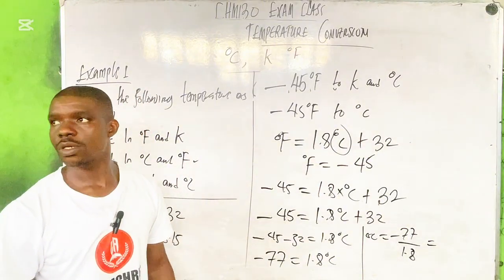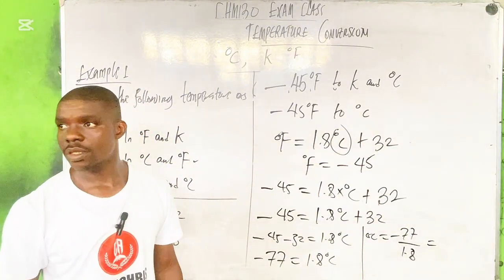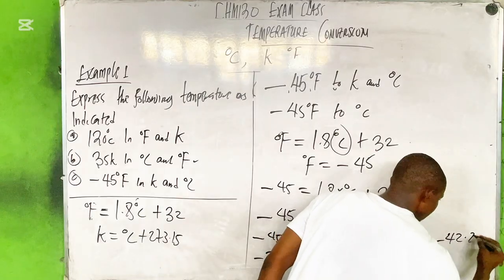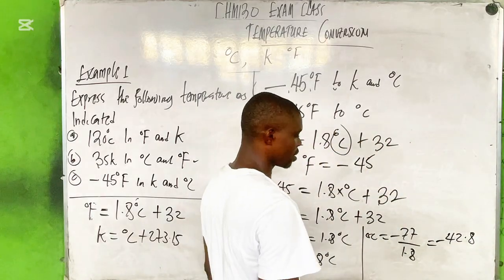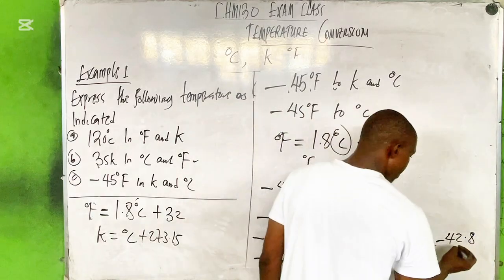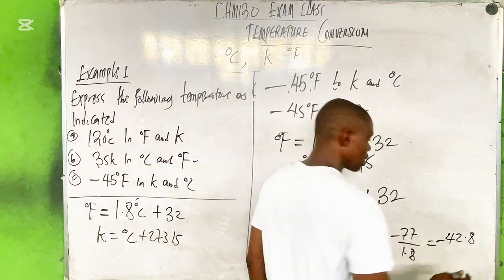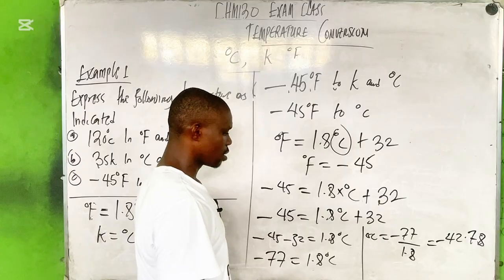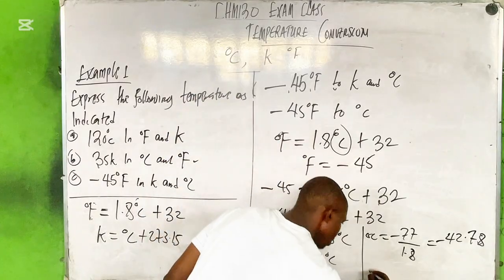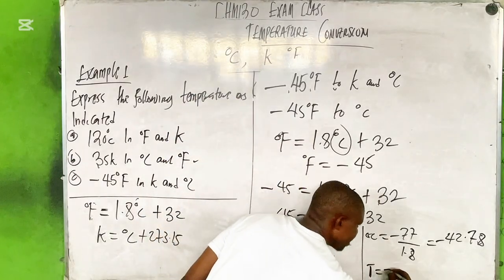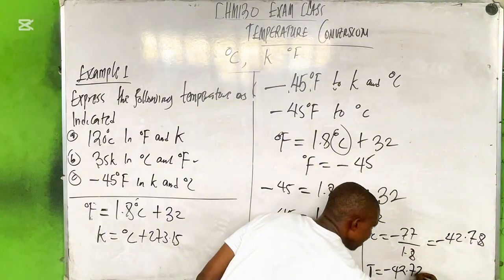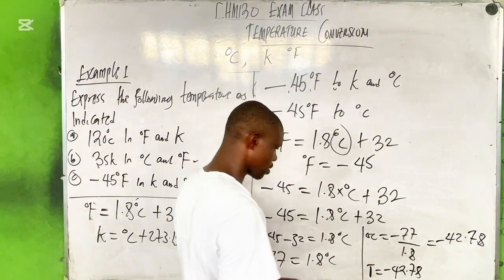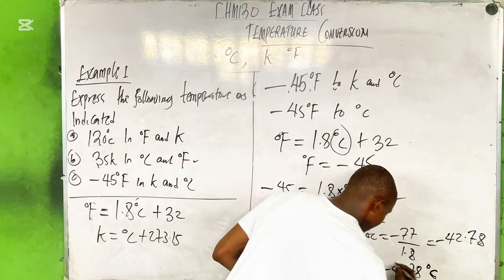Minus 77 divided by 1.8 is minus 42.78. That is the temperature, equal to minus 42.78 degrees centigrade. That is it.